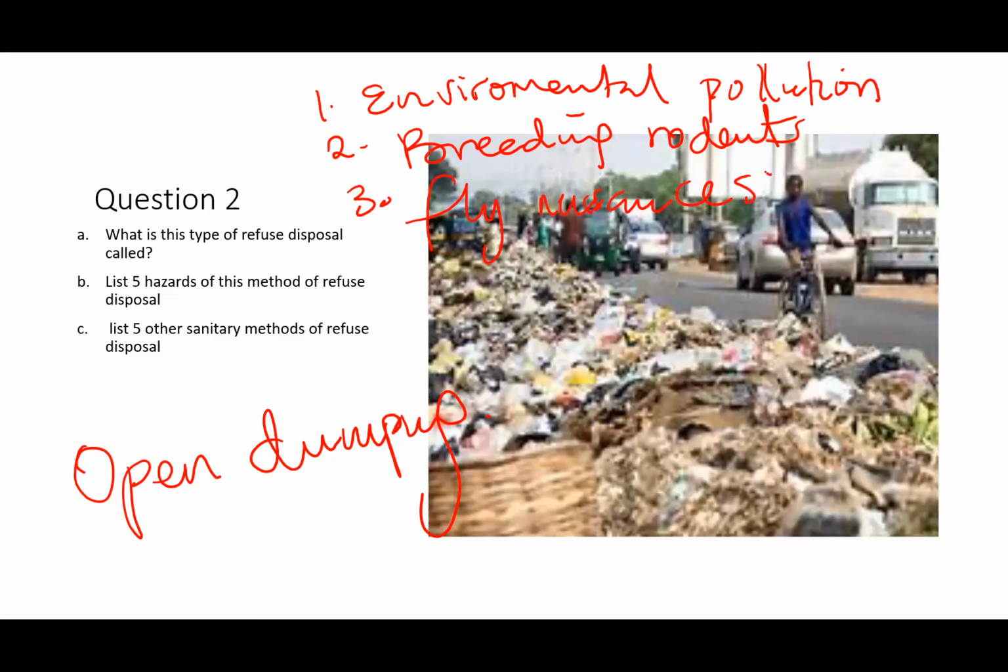And of course, these flies can transmit diseases. So there's transmission of diseases like cholera and so on. Then 4, they can cause domestic accidents. 5, and very important, blockage of drainage.